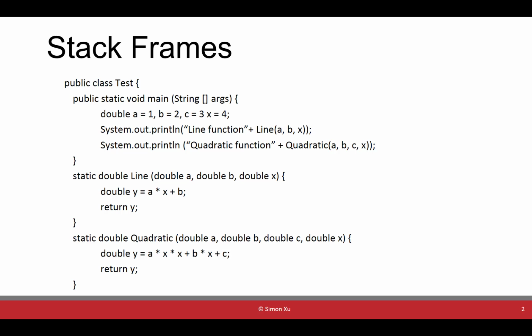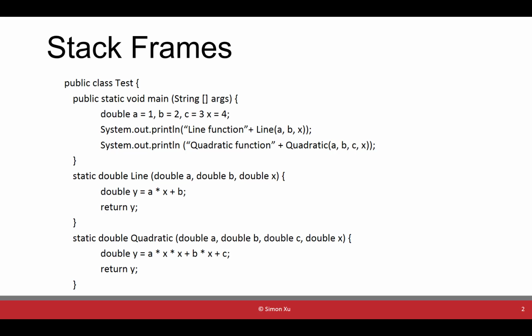When the second statement inside the main method is executed, we are calling the line method. So a new stack frame will be created and pushed onto the stack, which represents the method call for line(A, B, X).